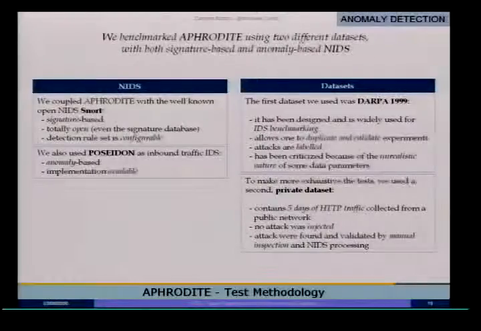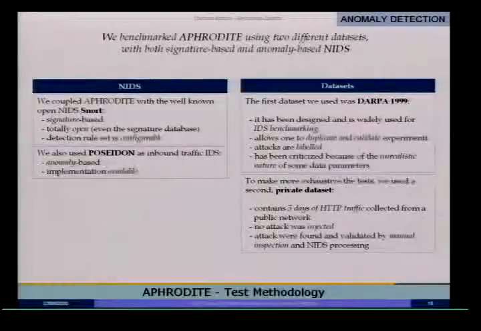I think you know that to have a good anomaly detection phase, most of the time the training data set is cleaned. I mean, somebody is inspecting it and taking out everything that is already an attack, to have the most suitable data set to train the system. We didn't do that.